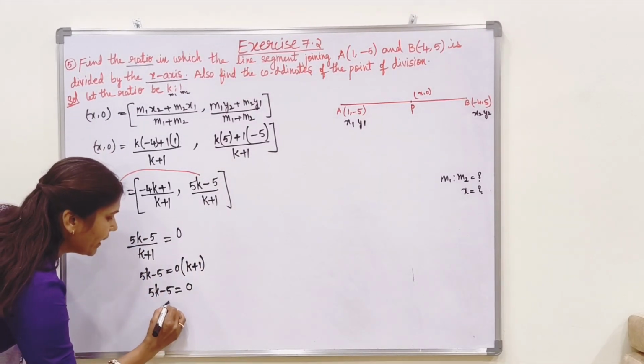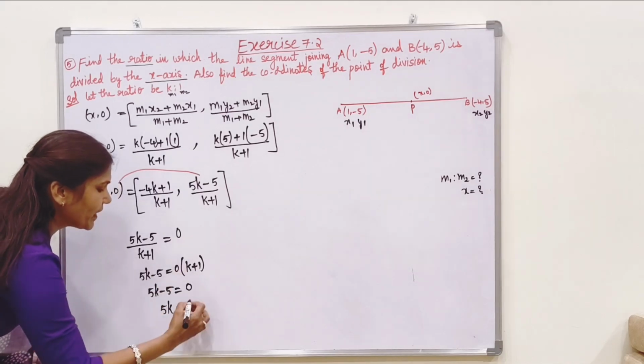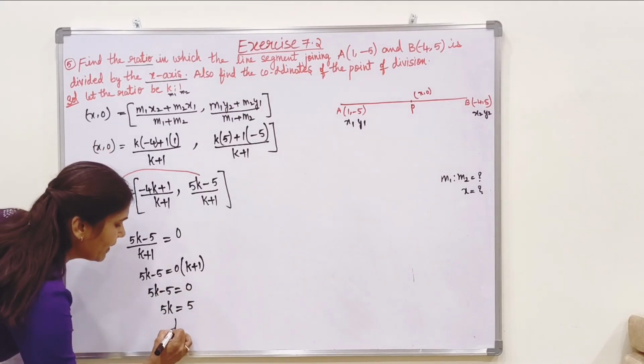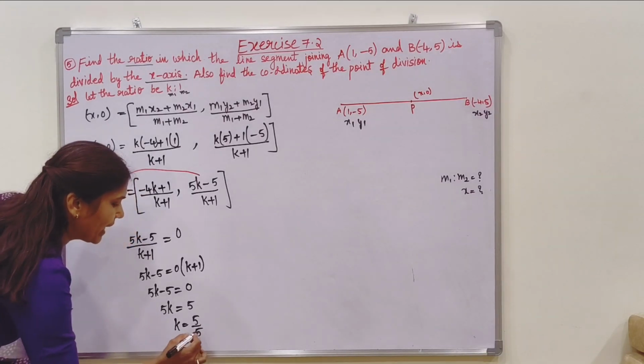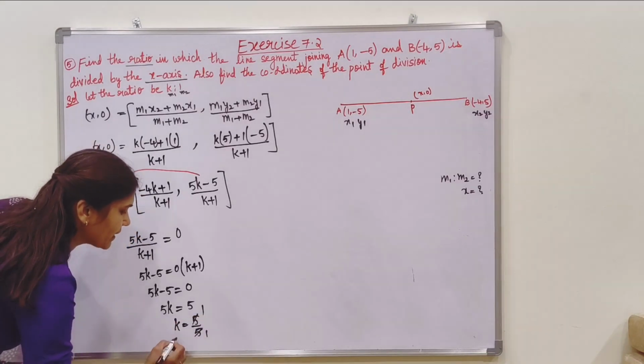So 5k is equal to 5, sending minus 5 to that side as plus 5. K is equal to 5 by 5. Now cancel 5 and 5.